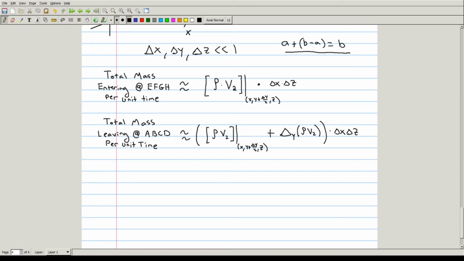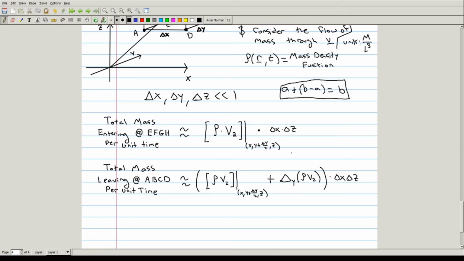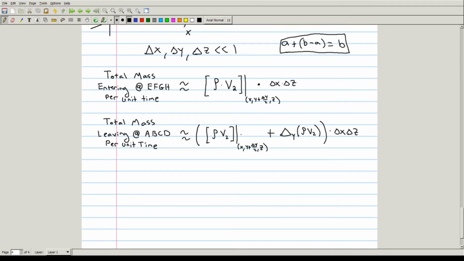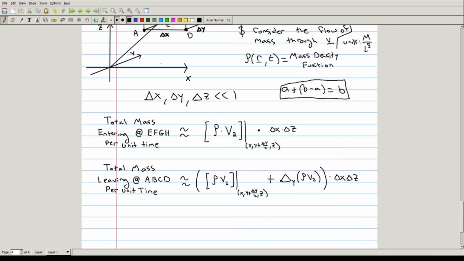If you have an expression for the change in y over the interval delta y, that's what this delta sub y means here. This value is exactly the correct value at this face. So notice I haven't used an evaluation here at this point.